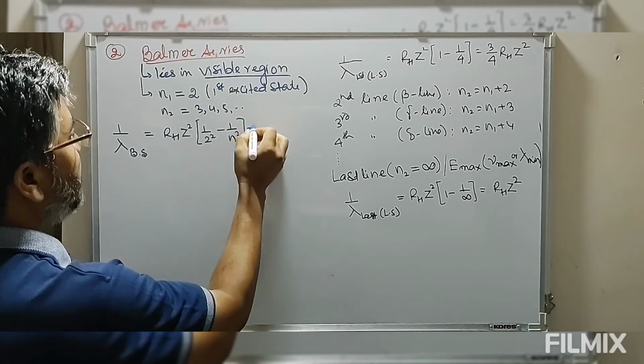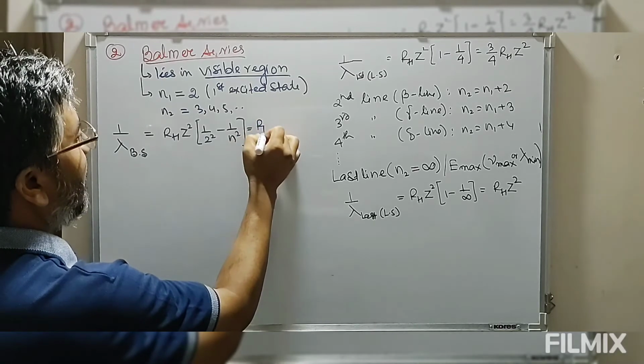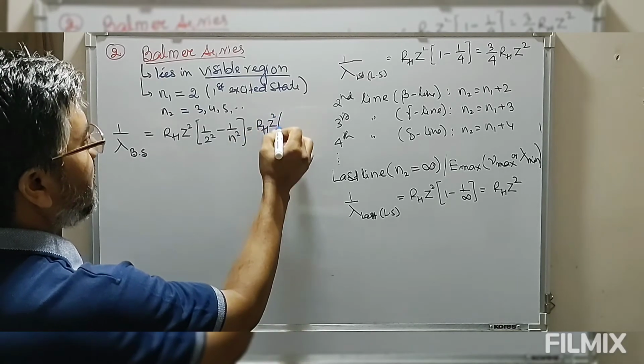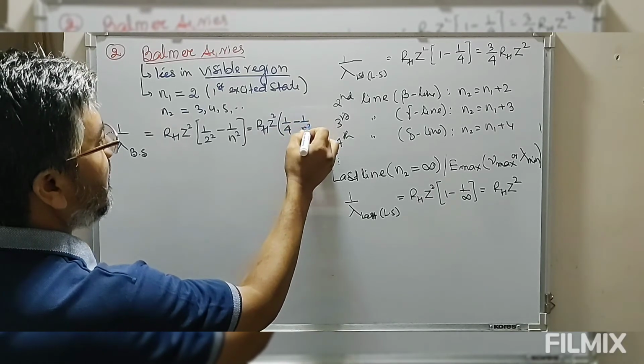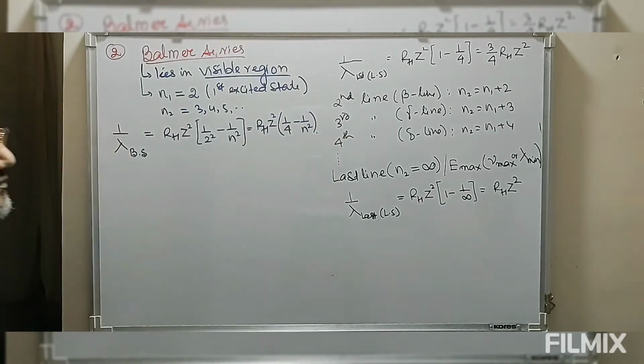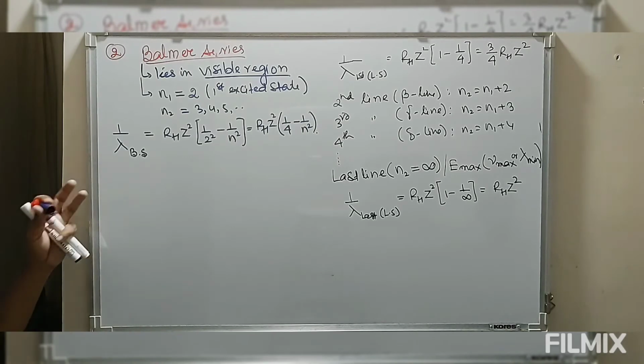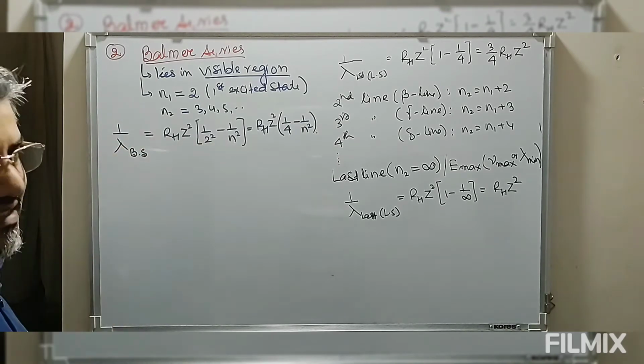So we have RH Z square times 1 by 4 minus 1 by n square. So this is the Balmer series.